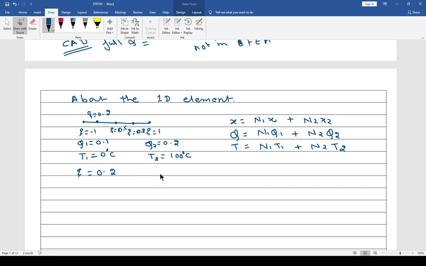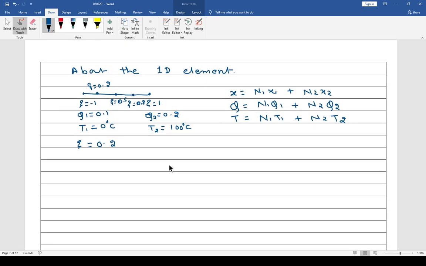Okay, so let's go for xi equal to 0.2. I'll prepare a table so you will understand all the stuff. A few things we need to find out.